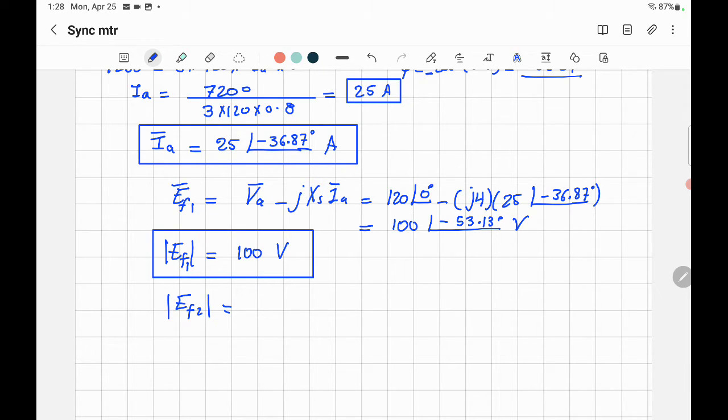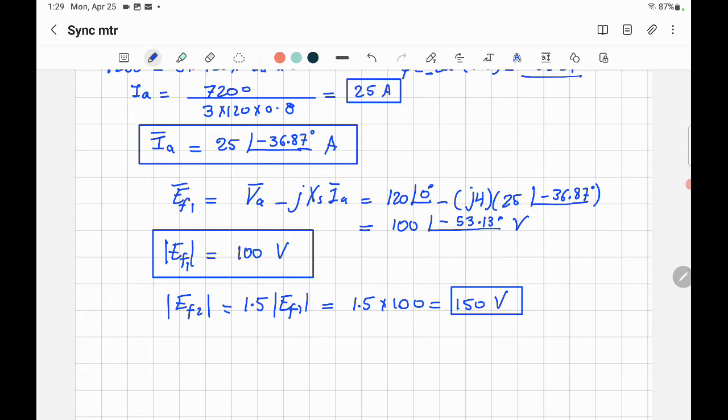It means EF2 will be equal 150% of the first excitation voltage. So we have 1.5 times 100, and now we have 150 volt. That's the magnitude of the excitation voltage when it's increased.